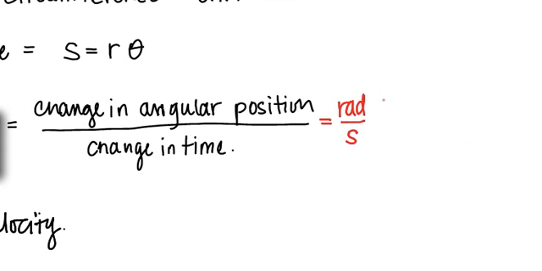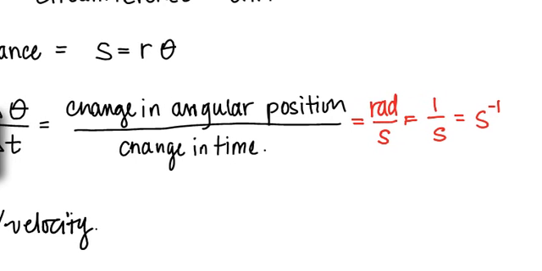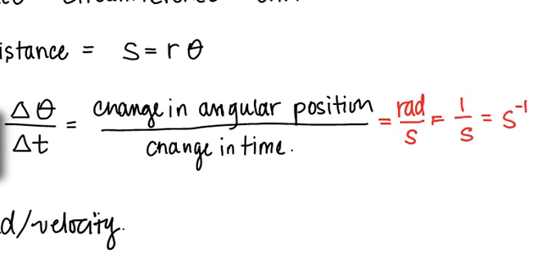It's something we say to make us feel good, because we say like 360 degrees. You want to finish it off, but really it's a non-unit unit. So it's the same thing as 1 over seconds, or seconds to the -1. Those are all reasonable, acceptable units for the angular speed. I like to put radians per second because it reminds me what I divided by.